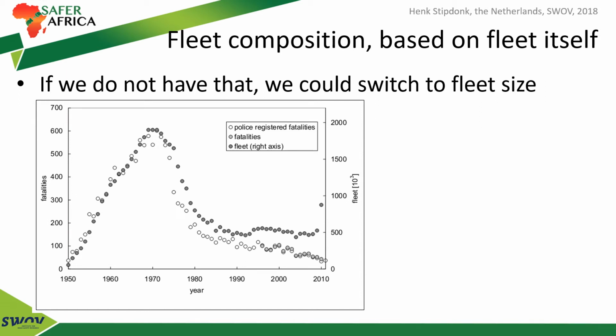And then shortly after 1970, the Netherlands introduced the compulsory moped helmet, and from then on moped use decreased strongly. It also became more safe because the moped helmet improved safety, but a much more important effect is the decrease in the use of the moped. As we can see, the moped fleet decreased strongly.